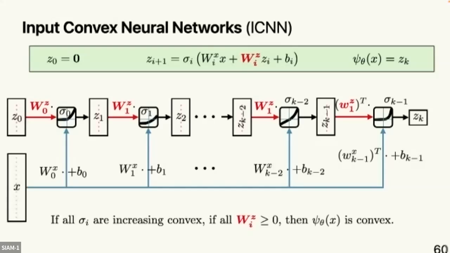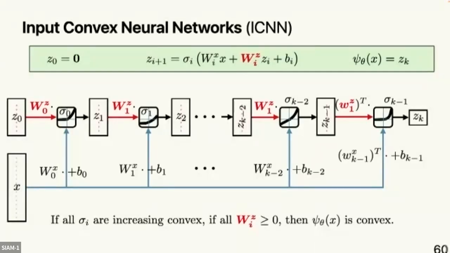Well, what I claim is that if all of those nonlinear activations are increasing and convex, and all of those matrices here are non-negative, then the end result is what Brandon Amos and co-authors proved in 2017: a convex function of the inputs x.